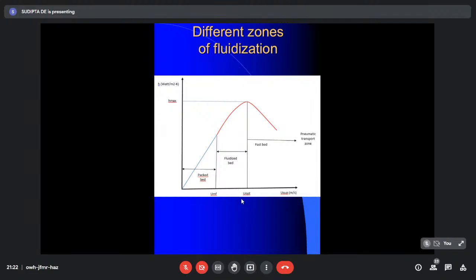However, during fluidized bed operation, the increase of heat transfer coefficient is faster than the packed bed, in a non-linear mode.